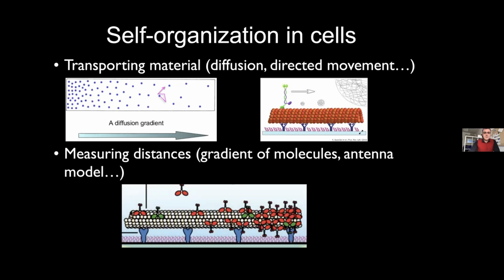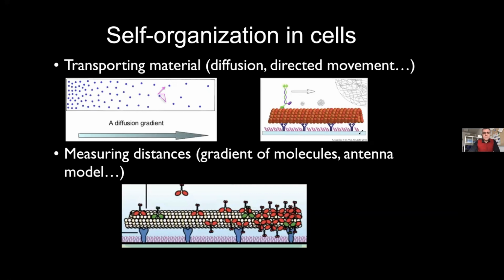Besides transporting material, cells need to measure distances, and also here there are at least two big ways how cells can do it. One is measuring a gradient of molecules. For instance, I will now point to the same scheme related to diffusion as before.